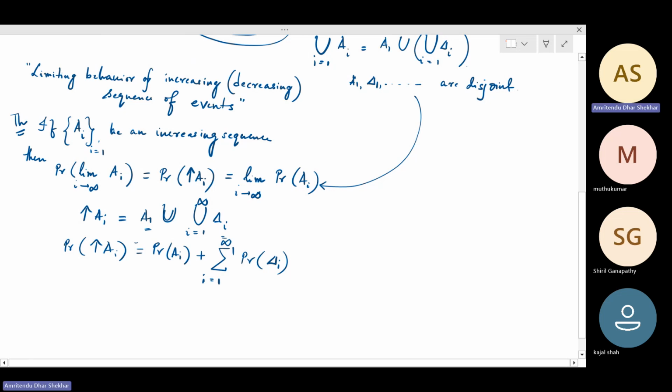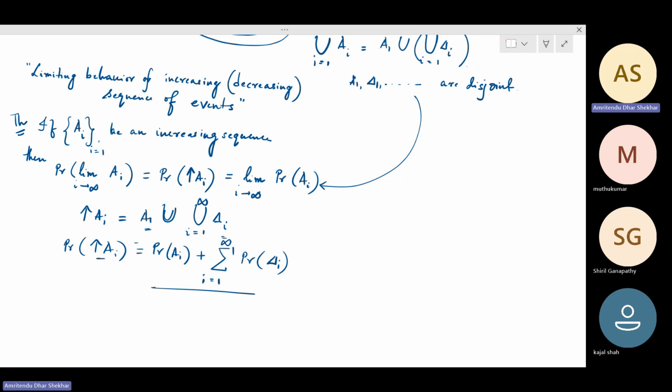Now, of course, when we say the probability of this set is equal to the probability of some of these terms, this follows from real analysis. What do we mean by a convergent sum? When we say that a sum which consists of infinitely many terms is convergent, what we mean is basically as follows.